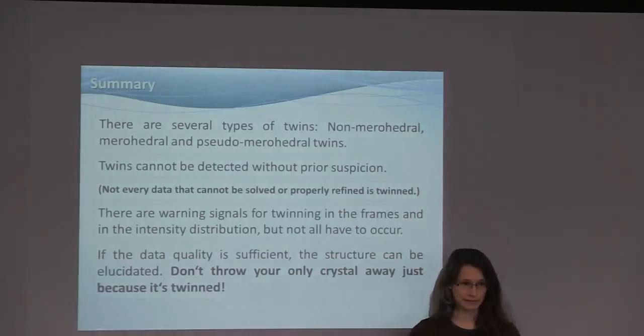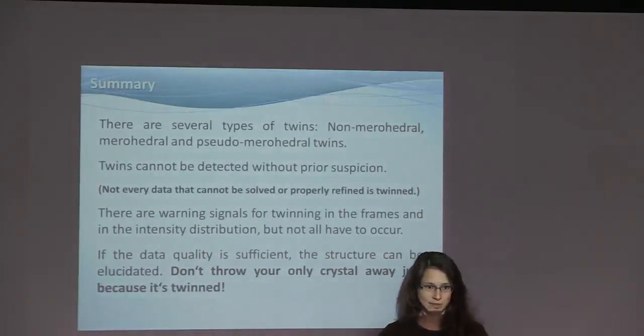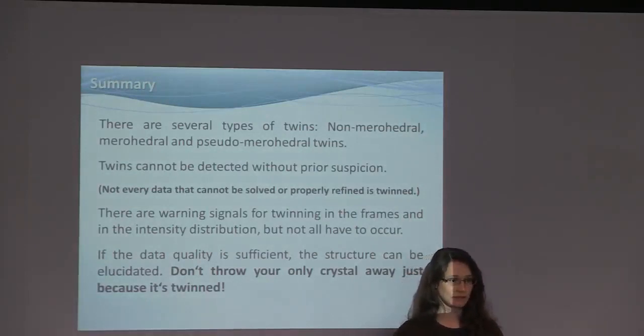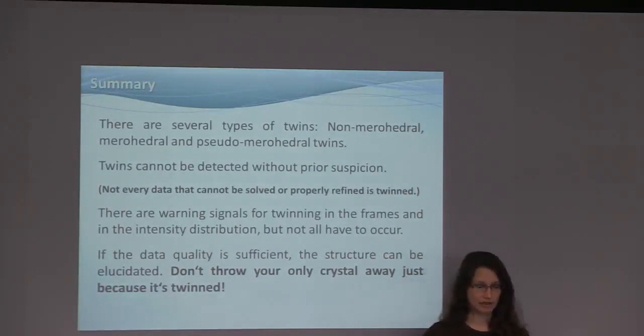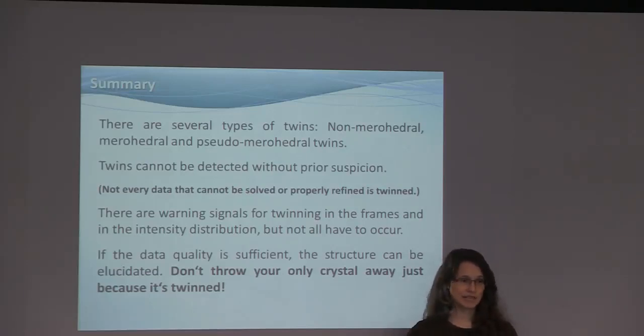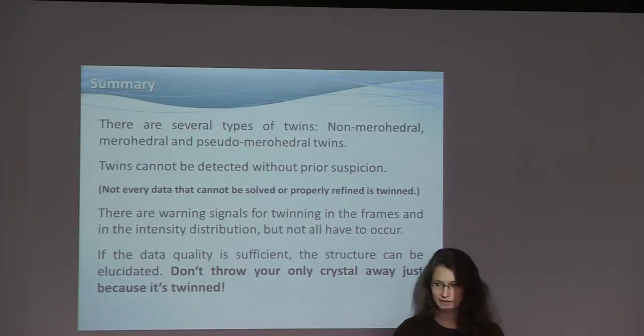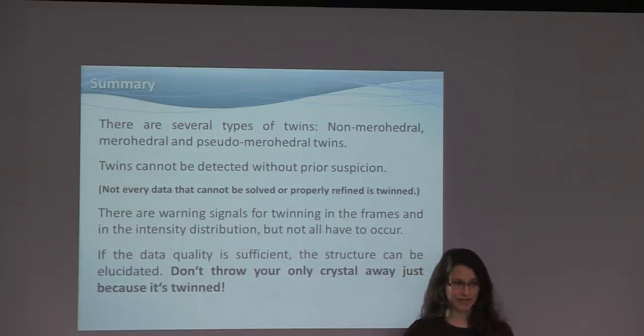To summarize, there are several types of twins: merohedral, pseudo-merohedral, and non-merohedral twins. You can never detect a twin without having the suspicion that you have a twin, and not every data set that you can solve or refine is twinned. You need to actually prove it.